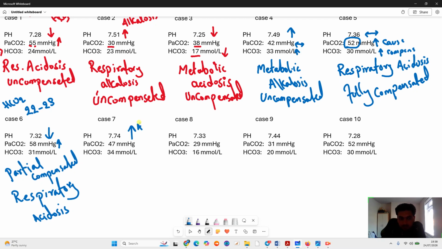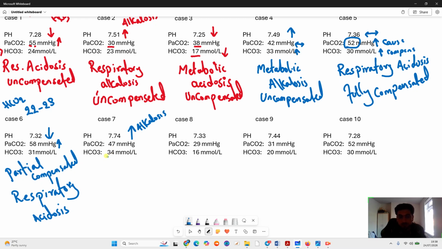Now look here at case number 7. The pH is high, it means it's alkalosis. Look, due to what condition does that alkalosis happen? Look, it is 47. Normally we say if the carbon dioxide level is going up, the pH should go down.